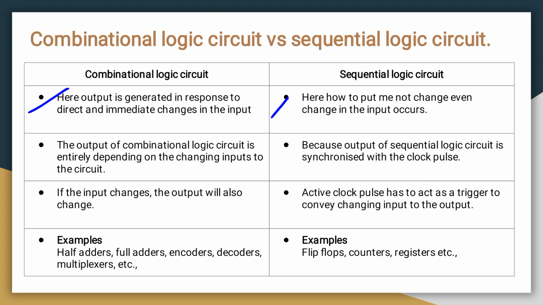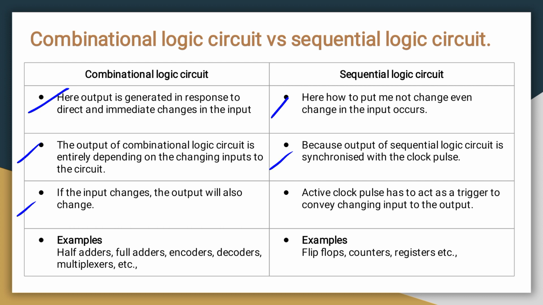It mainly depends on the clock or some other event that changes the state. The output of the combinational logic circuit depends entirely on the changing input to the circuit. Whatever the change in the input, it changes the output. In the sequential logic circuit, it depends on the clock pulse or some other external event, which is the cause for the output to change state.